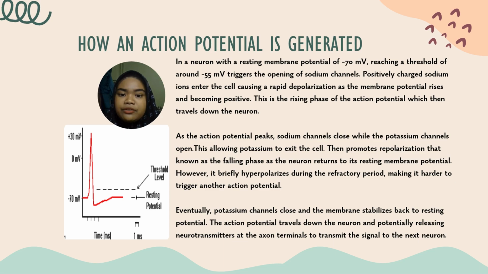However, it briefly hyperpolarizes during the refractory period, making it harder to trigger another action potential. Eventually, potassium channels close and the membrane stabilizes back to resting potential. The action potential travels down the neuron and potentially releases neurotransmitters at the axon terminal to transmit the signal to the next neuron.